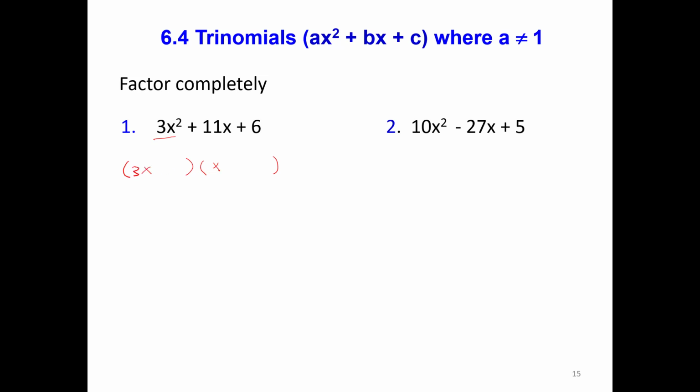Then 3x times x is 3x squared. And this is one possibility. In this case, it's easier because 3 is a prime number. The signs will be positive here, the same thing we did before, positive times positive is positive.